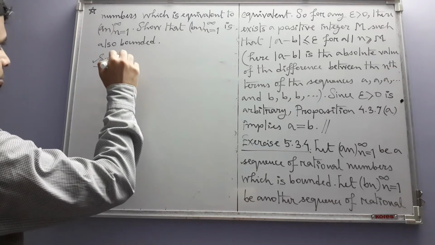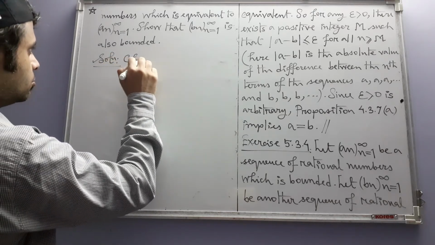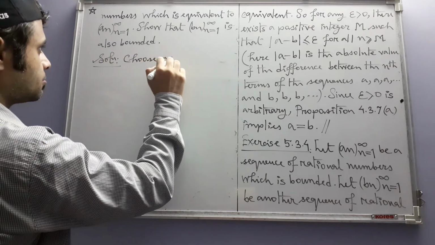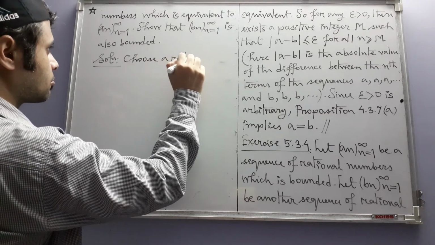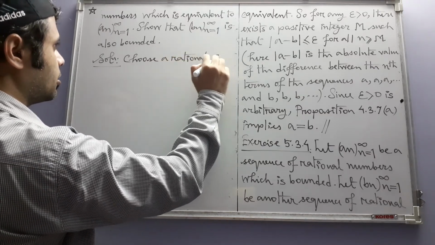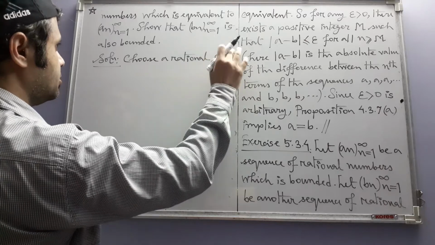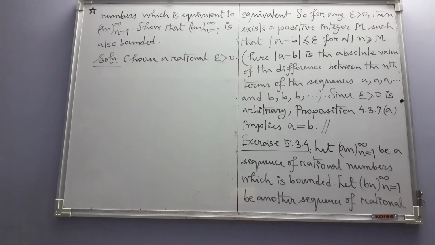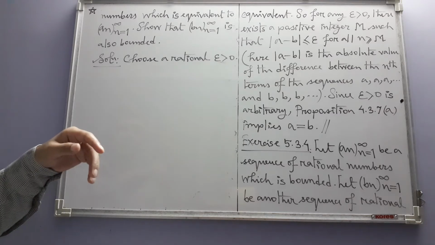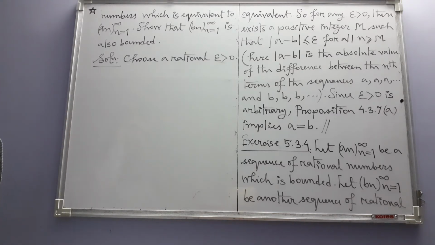Okay. Choose a rational epsilon that is positive. Now what is given is that An is equivalent to Bn.